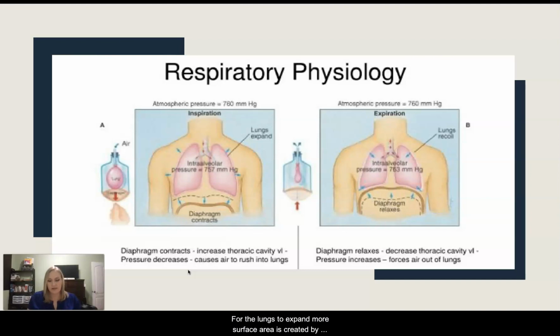For the lungs to expand, more surface area is created by contraction of the diaphragm, thus decreasing the pressure inside the thoracic cavity. This negative pressure becomes less than the atmospheric pressure. During expiration, the reverse happens. The diaphragm relaxes. It decreases intrathoracic surface area, therefore increasing the pressure so that it exceeds the atmospheric pressure.